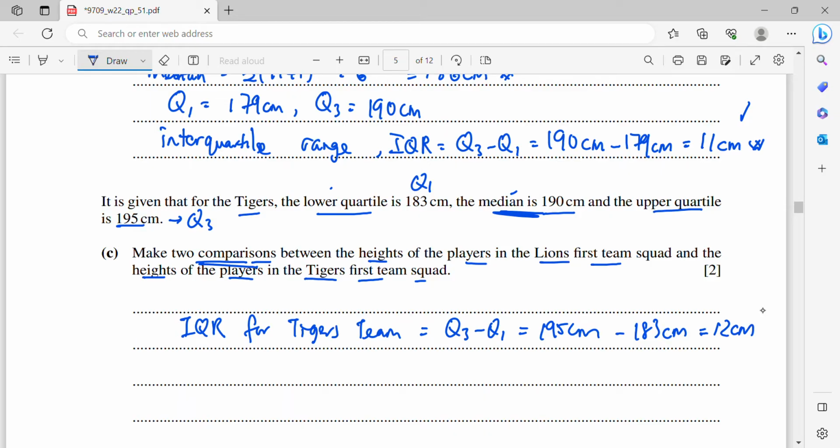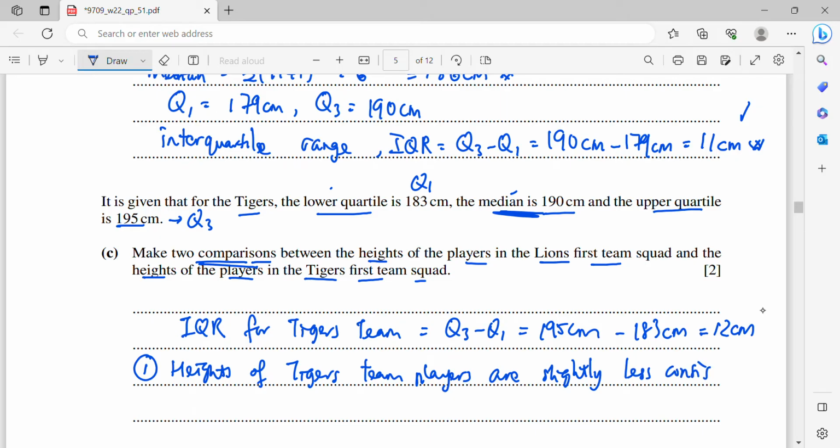So my first comparison is that the heights of Tigers team players will be slightly less consistent, because for the Tigers team it is more spread, but the difference is just by 1.